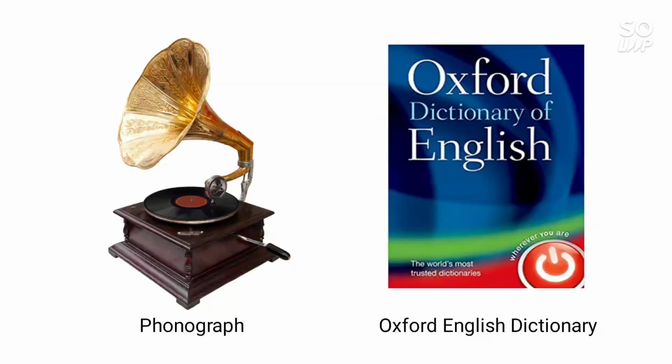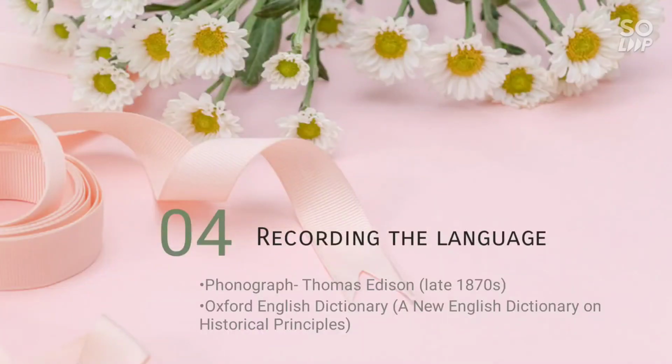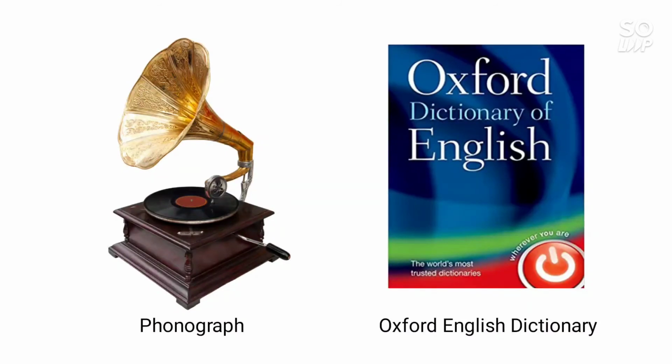So on the left corner is a picture of a phonograph. Although other past languages are gradually diminishing, with the use of this instrument, those languages were being preserved. Also, it is during this time that the Oxford English Dictionary was begun.